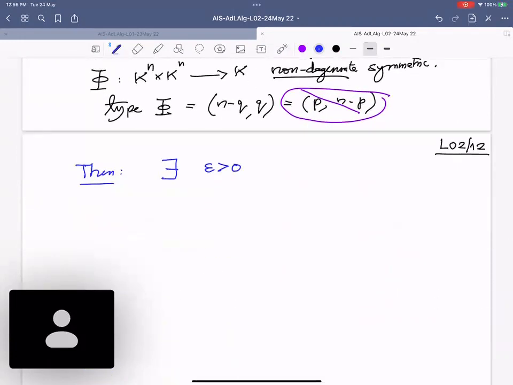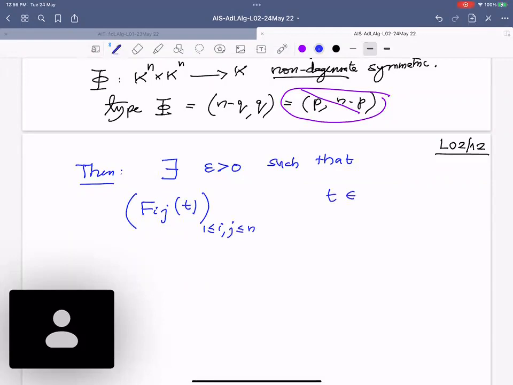All right, then there exists epsilon positive such that, look at these symmetric matrices Fij evaluated at T, and T is varying in the interval.